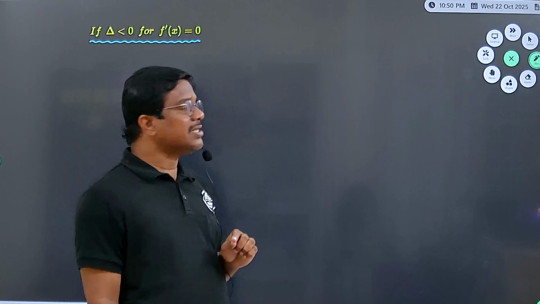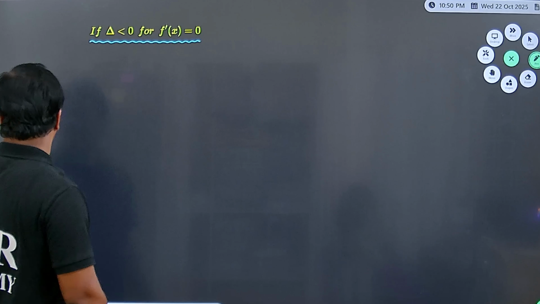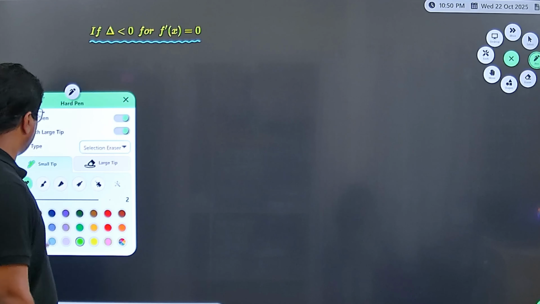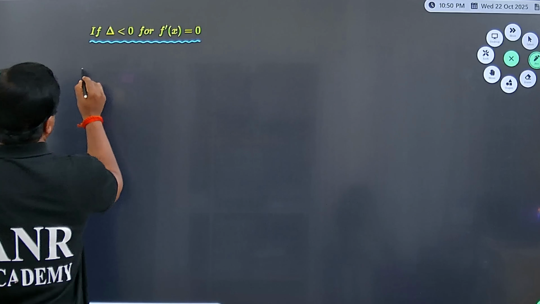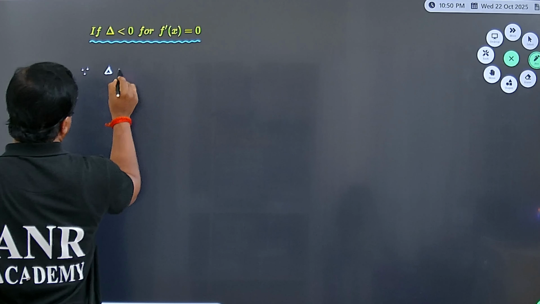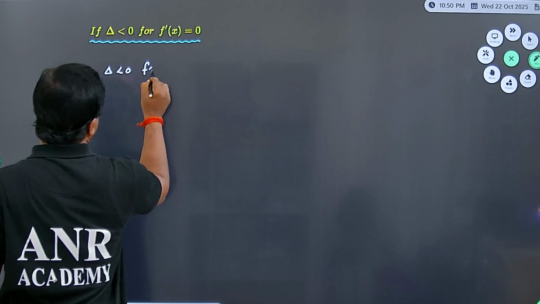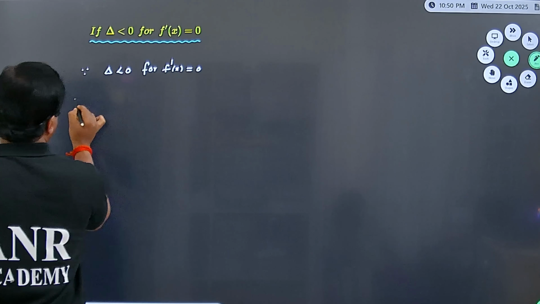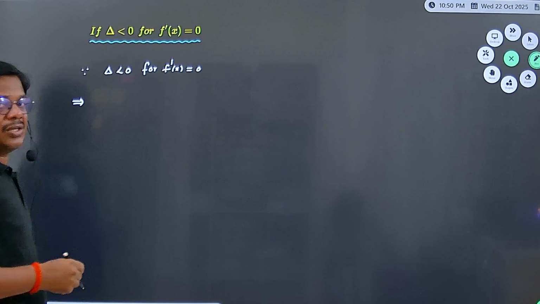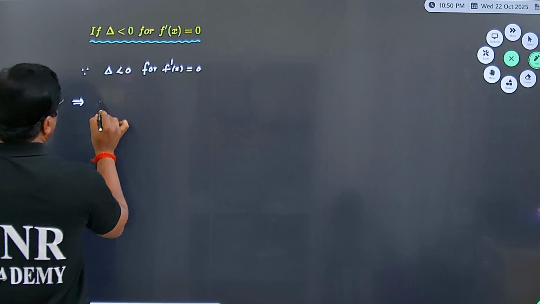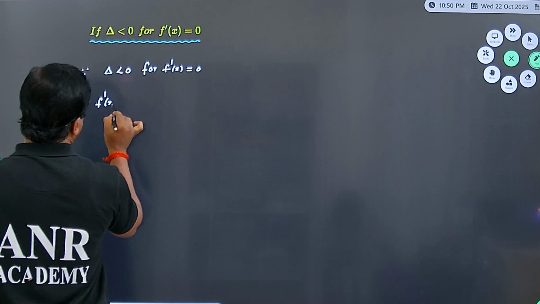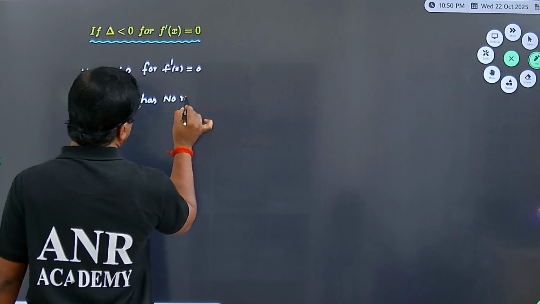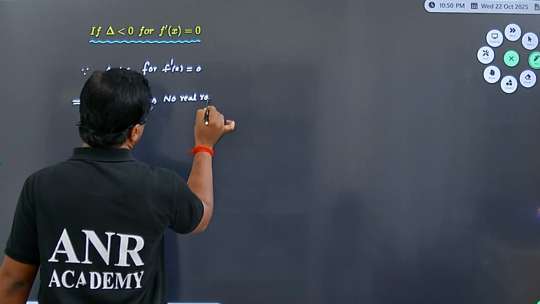Suppose delta is less than 0 for f dash of x equal to 0. Then let us discuss the nature of the roots in this case. Since delta is less than 0 for f dash of x equal to 0, it means f dash of x equal to 0 has no real root.